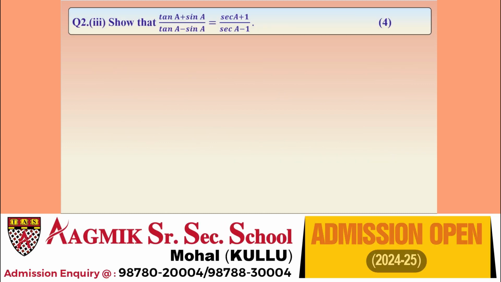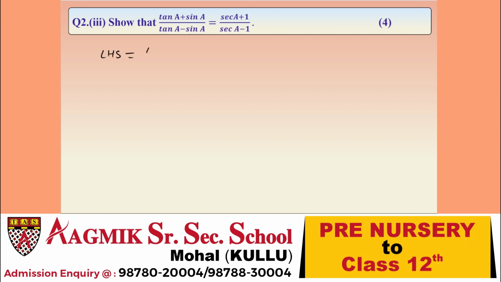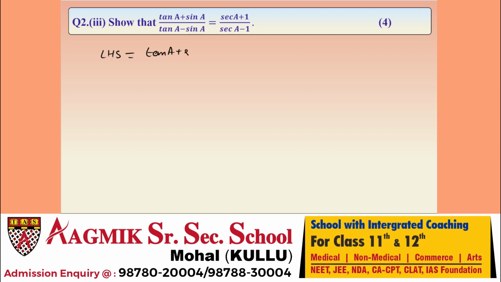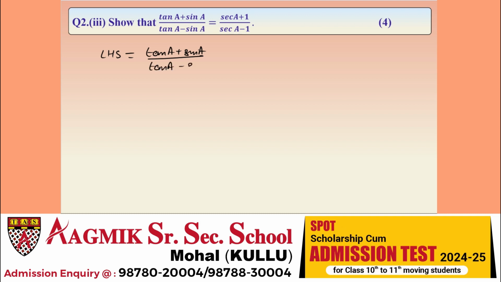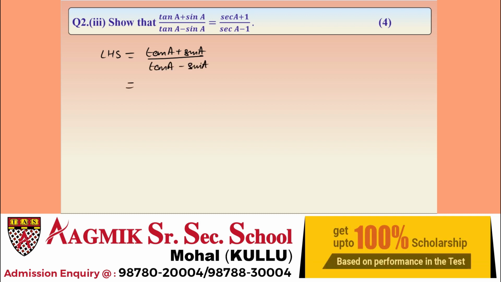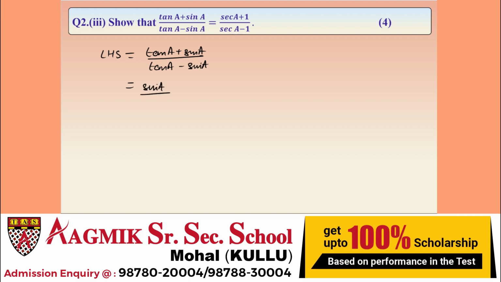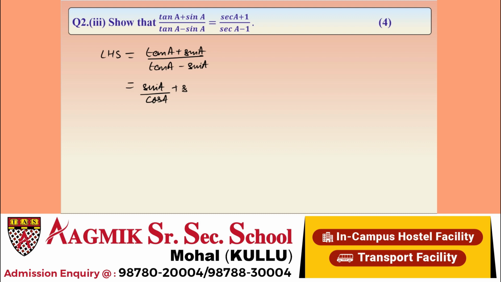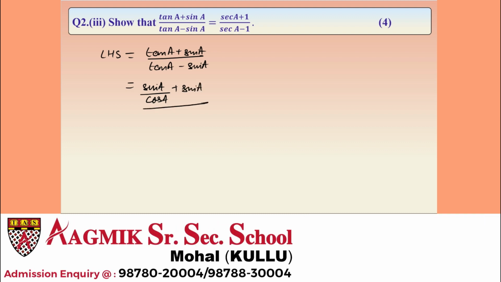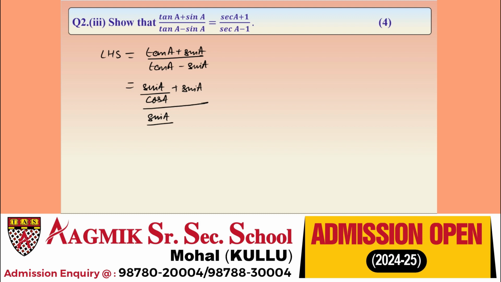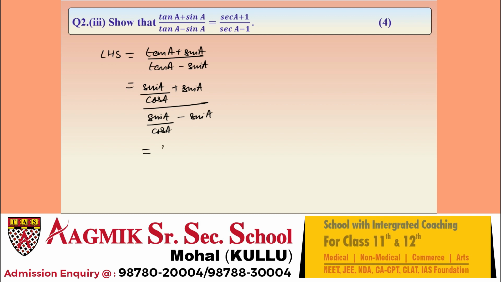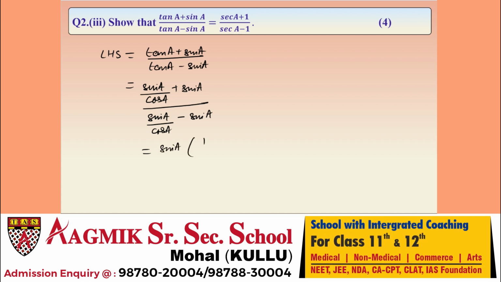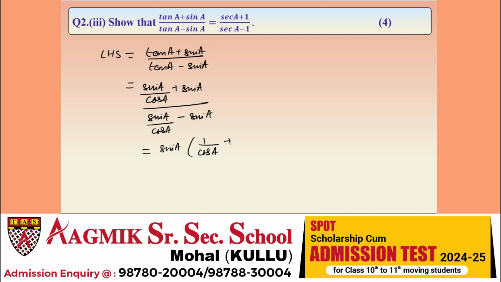Now question number 2 part 3, we need to show this result. So let us start from the left hand side. It is tan A plus sin A divided by tan A minus sin A. Since we have sin also with tan, let us convert tan in terms of sin and cos. So this is sin A over cos A plus sin A, and similarly the denominator would be sin A divided by cos A minus sin A. Now we can take sin A common in the numerator, we have 1 upon cos A plus 1.